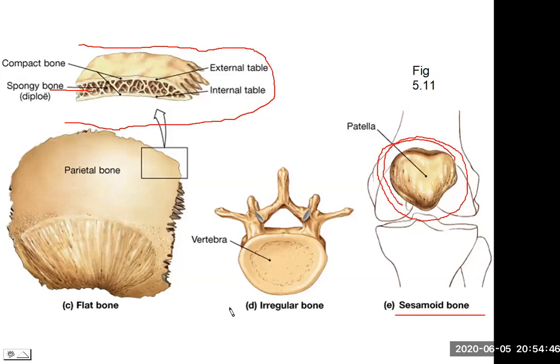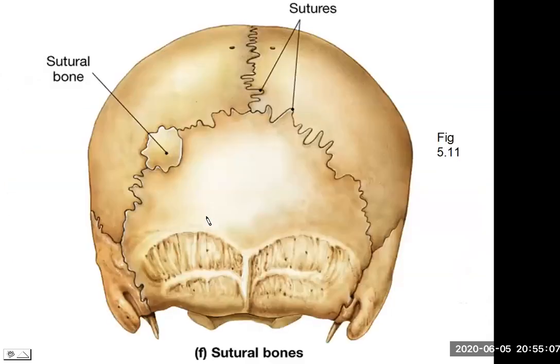An irregular bone, again, does not fit into the other 5 categories. And what irregular bones tend to have are a number of different projections, protrusions that extend outwards. That tends to be one common description of them. And a suture bone, as we see here, we're looking at a skull.